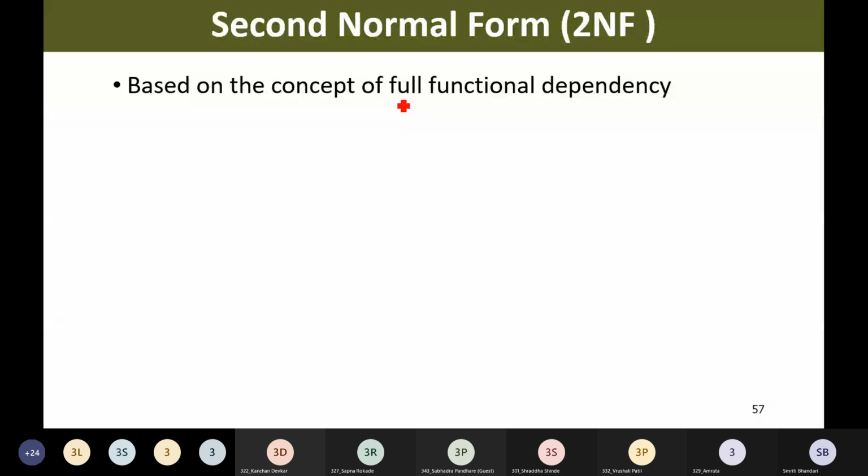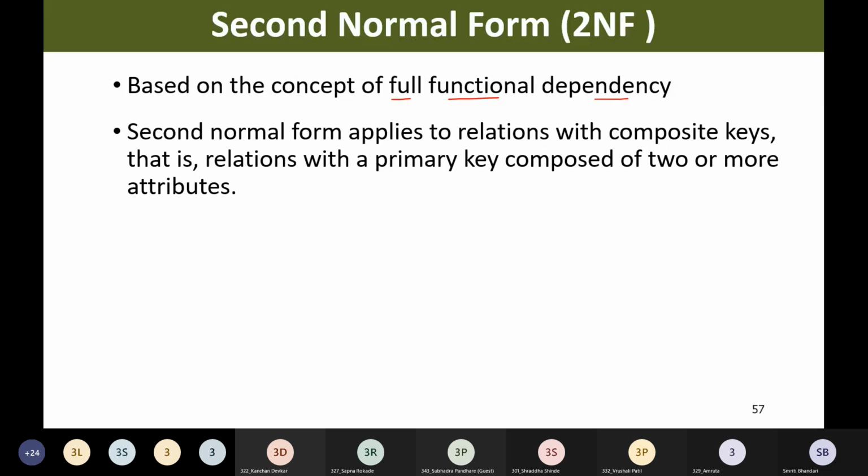This second normal form is based on the concept of full and partial functional dependencies. So second normal form applies to relations having composite keys, meaning relations with a primary key which is composed of two or more attributes.